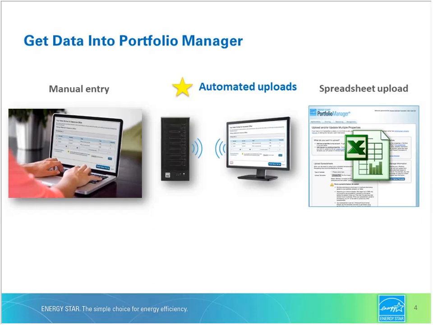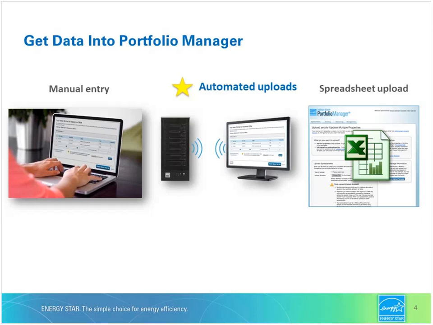Portfolio Manager is a very intuitive process for entering data directly in the tool, but again, it can be time consuming if you have a lot of buildings to benchmark. So the other option, there's a spreadsheet upload option, which we'll take a look at quickly, and then the focus of today's call is using web services for a more automated approach.